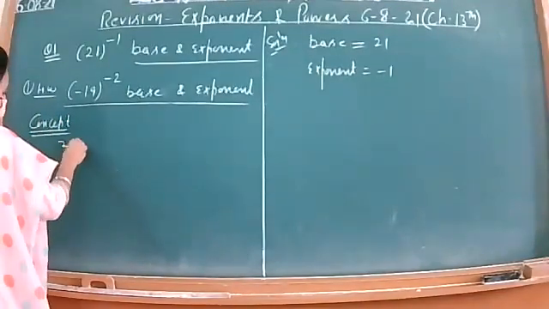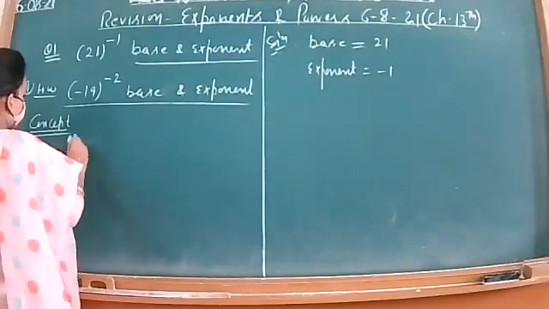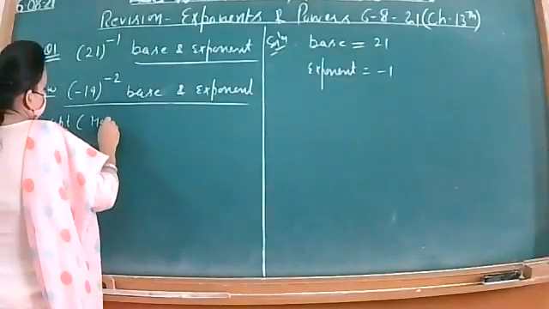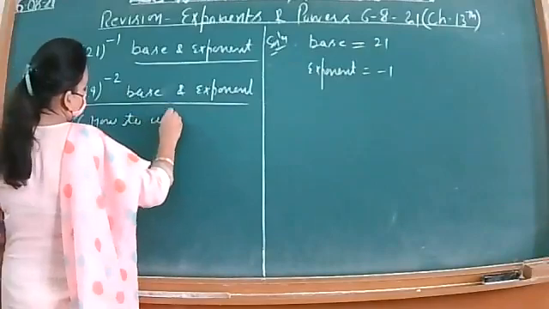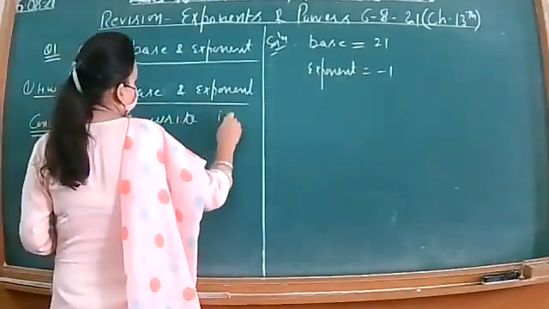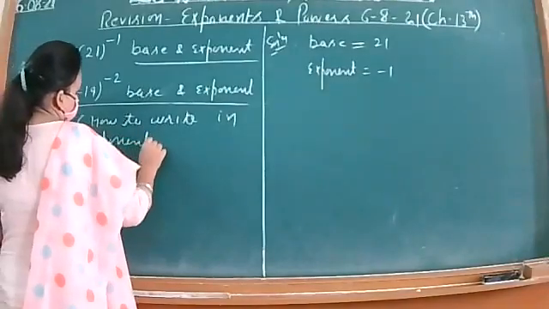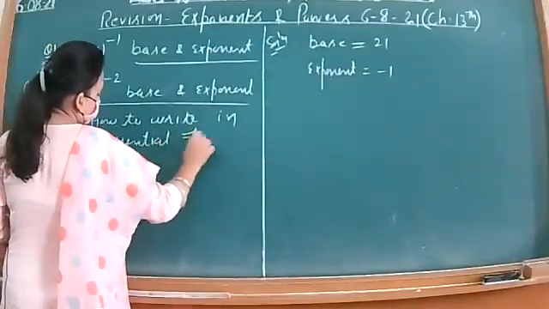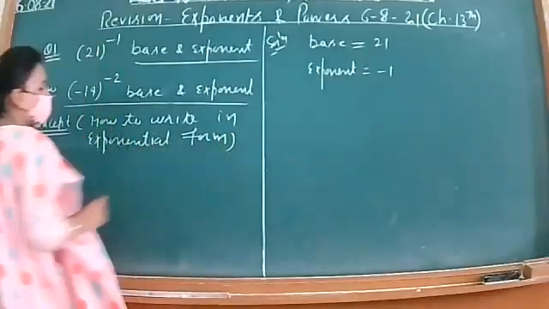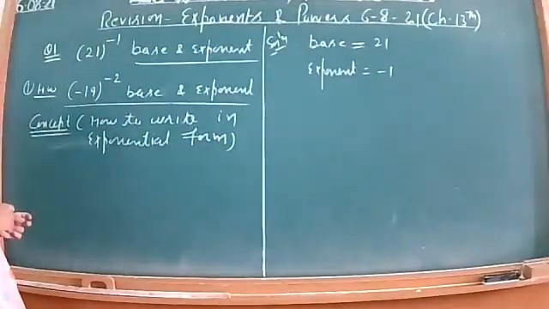Next concept that we did. If a number is multiplied 2 times, how to write it in exponential form? Exponential form में हम कैसे लिखते हैं?